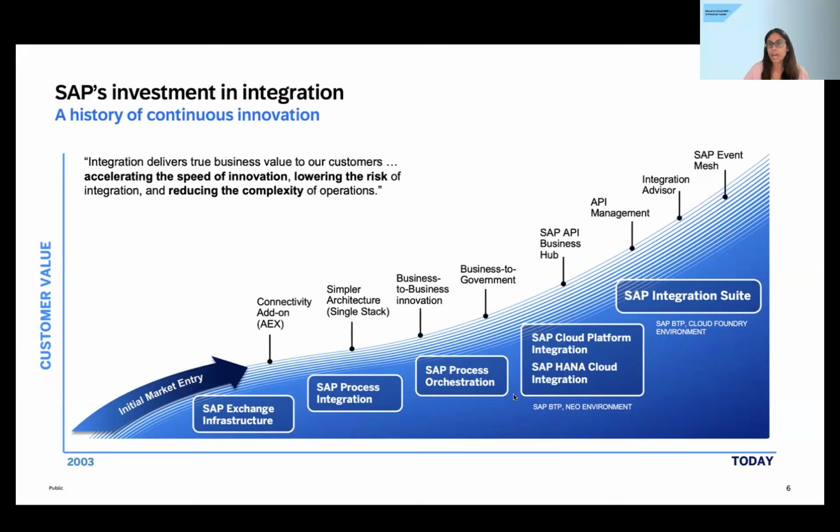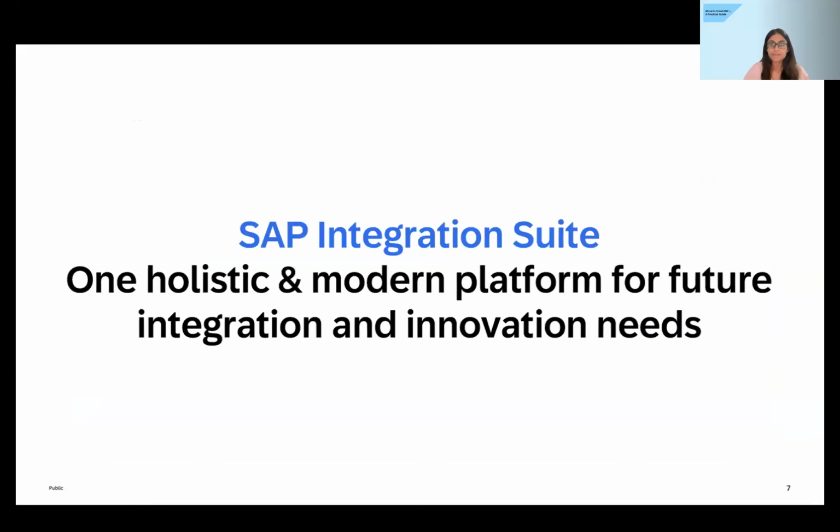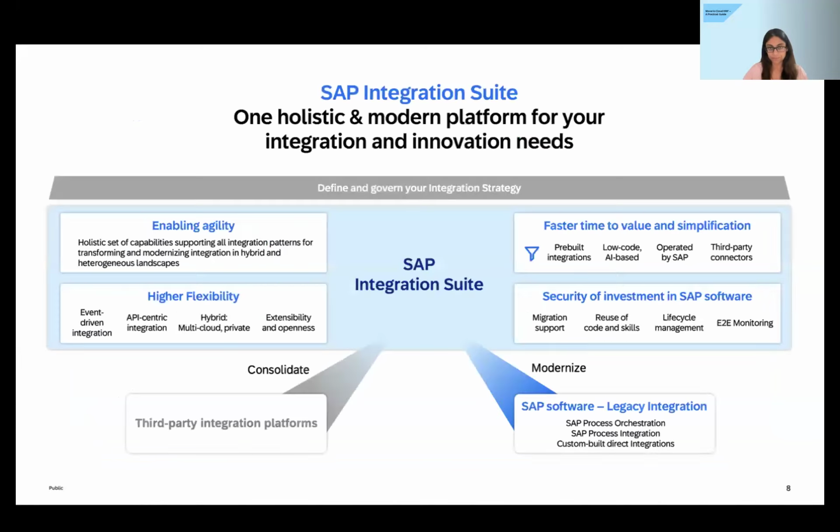Recently, we have also embedded Event Mesh, not only in the product, which means in the Integration Suite landing page, but also as part of the licensing of Integration Suite. So today we have SAP Integration Suite, one holistic and modern platform for all your future integration and innovation needs.